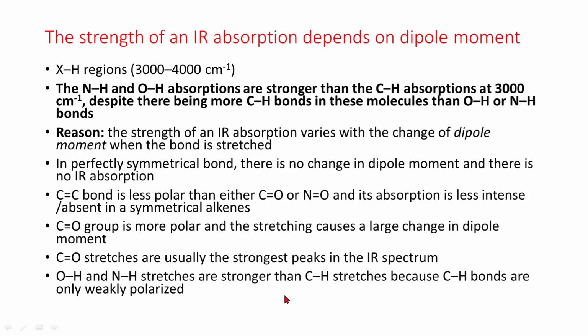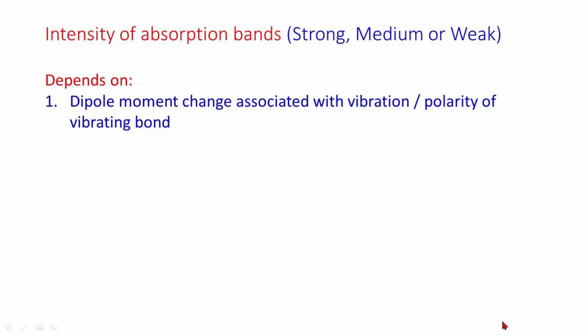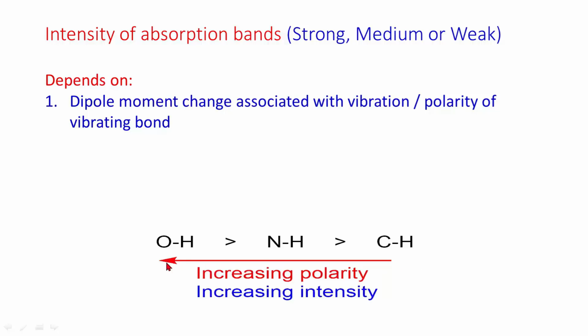We have discussed the dependence of intensity of IR absorption on dipole moment. Intensity of absorption bands can be strong, medium or weak. It depends on dipole moment change associated with vibration, that is polarity of the vibrating bond. This is the increasing polarity of C-H, N-H and O-H.